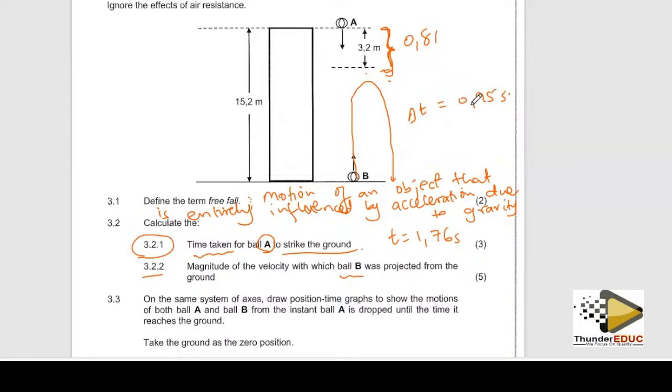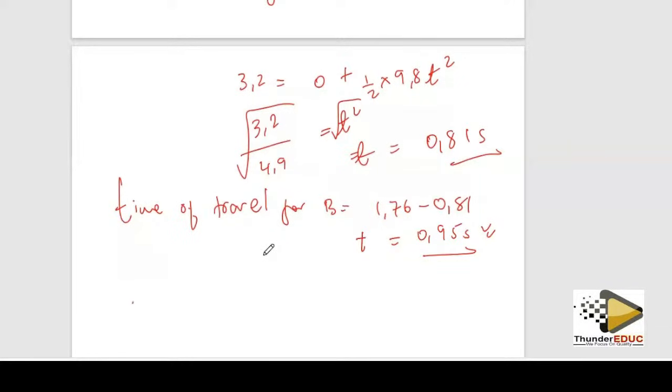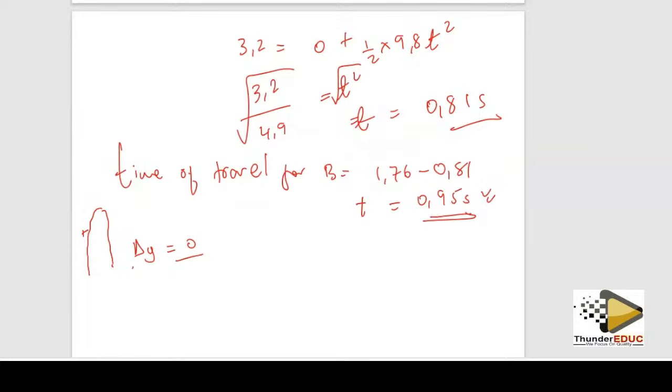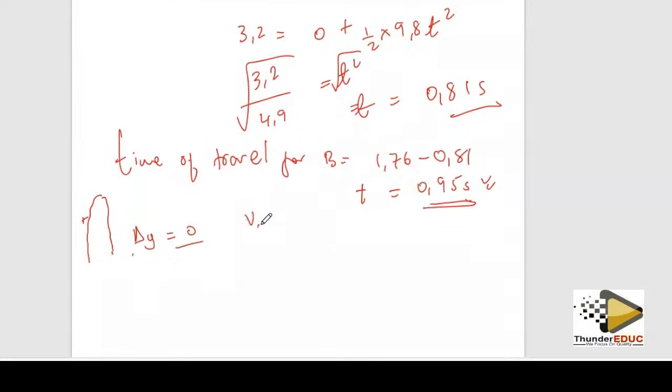So I'm going to take my displacement at that point, okay? So my displacement, I'm going to take it as 0 because it went up with a positive displacement and then it came down to the point of projection. So my displacement is 0. My time is this. I need my initial velocity. Initial velocity is what we want.